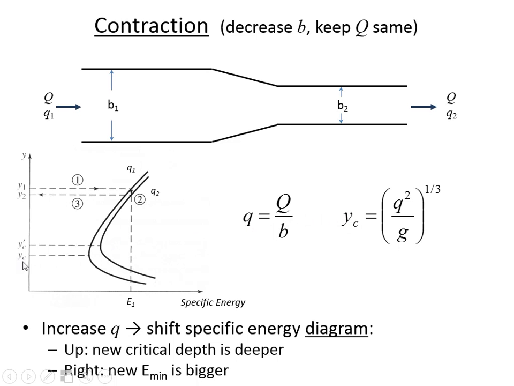And so you'll notice that here the y prime critical is bigger than the yc, so the critical depth after the constriction is greater than the critical depth before the constriction occurred. And so that's why it's higher. And it's to the right because E minimum is simply 3/2 of the critical depth. So the two go hand in hand, up and to the right.